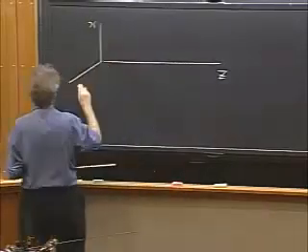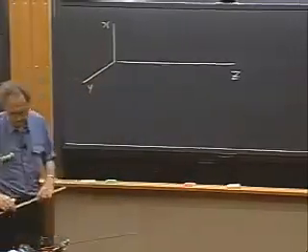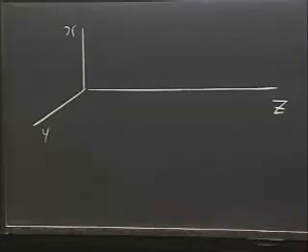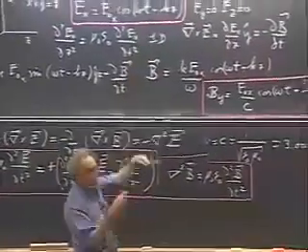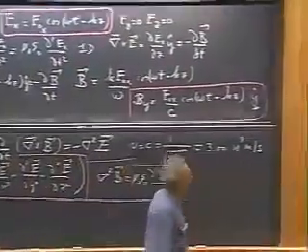I pick a particular moment in time, then I know that the E vector is a cosine function in z, because I pick a particular moment in time.